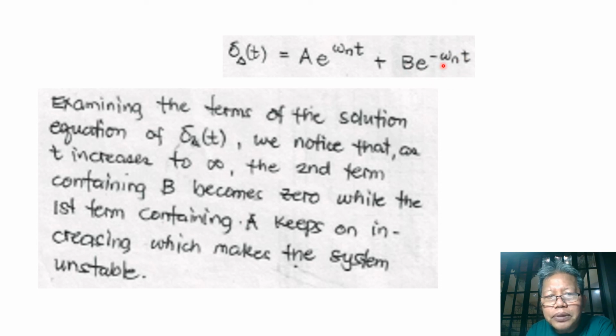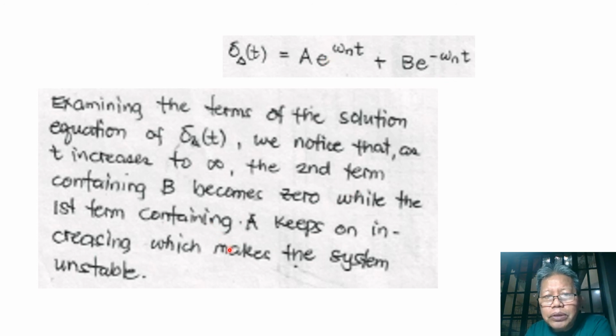So this term becomes 0. While the first term containing A keeps on increasing, which makes the system unstable. Because we have here a positive value of omega n t, this becomes a big number, and so this keeps on increasing. So this is exponentially increasing, while this one is exponentially decreasing. But the net result of these two is that this one will prevail, because as t increases, this becomes smaller and smaller, while this one becomes bigger and bigger.